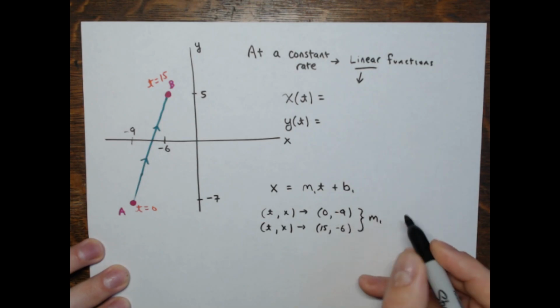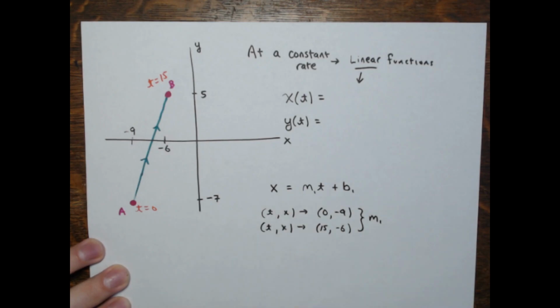So the slope of this linear function relating x and t, which I'm calling m1, would be the change in output. So -9 minus -6, -9 plus 6, so -3, and then divided by 0 minus 15, -15.